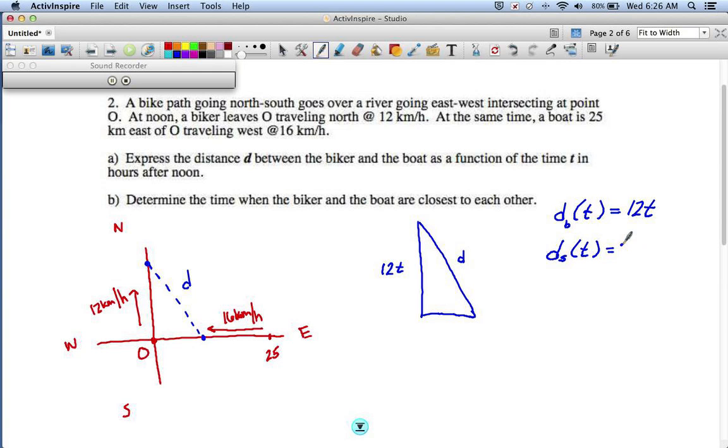So he's starting all the way out here at 25, but he's getting closer. So his function of time is 25 minus 16t. At that point, we can use the Pythagorean theorem to find the distance as a function of t and only t at this point. Okay, square root of, and do your Pythagorean theorem.